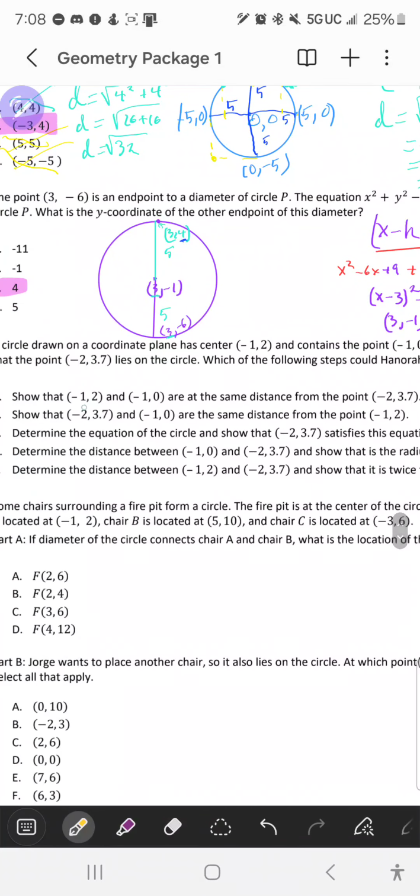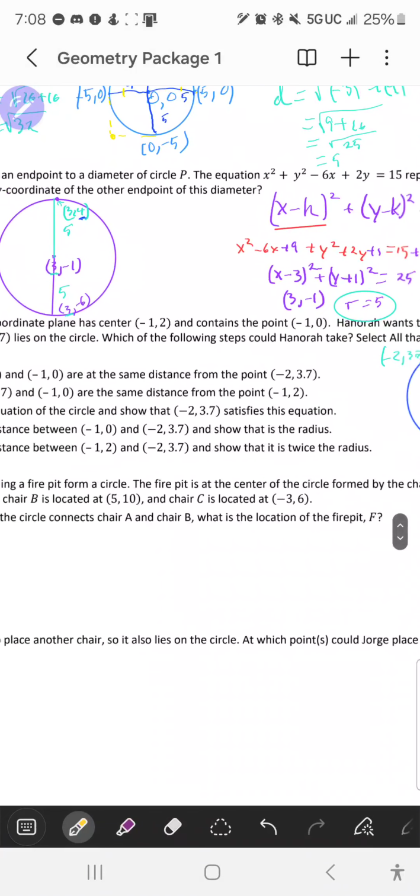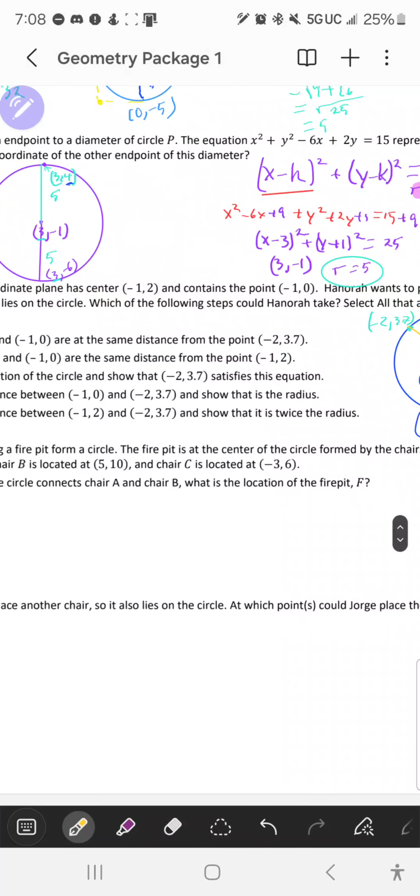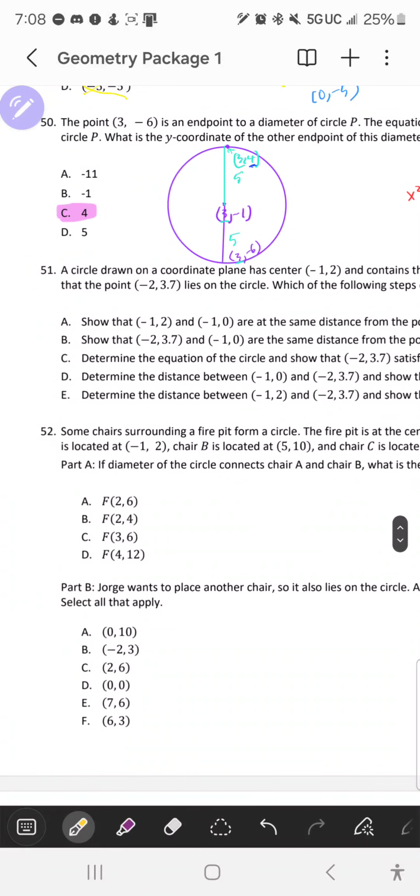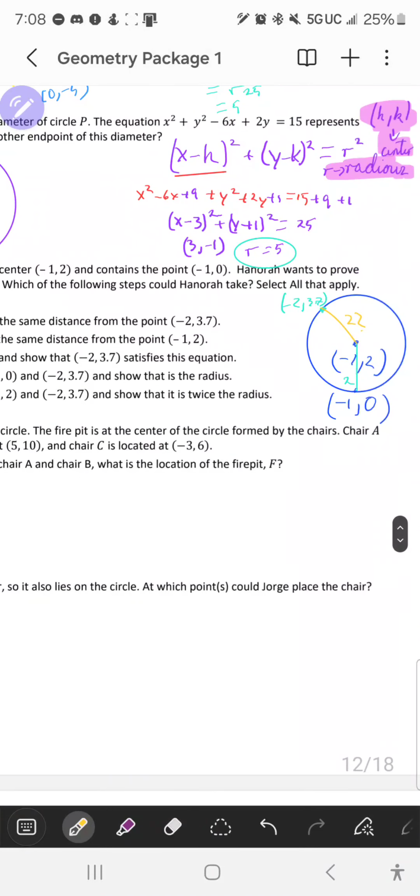Show that (-1, 2) and (-1, 0) are at the same distance from the point (-2, 3.7). That's not going to work. Why? Because if these 2 points were at the same distance, then the point would be something over here to make an isosceles triangle, which is not what we're looking for.